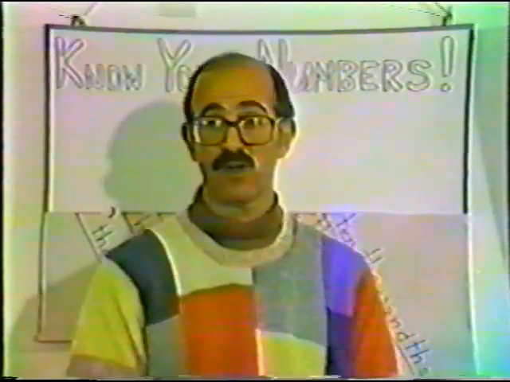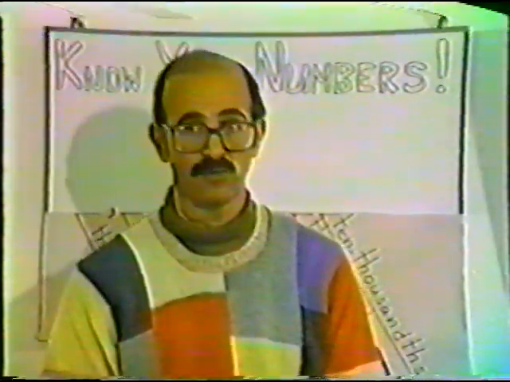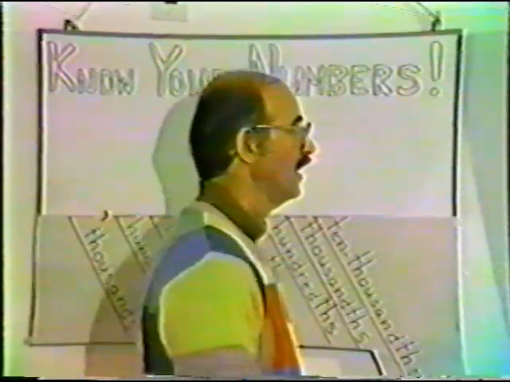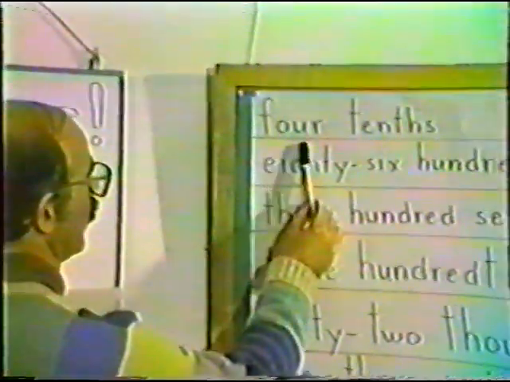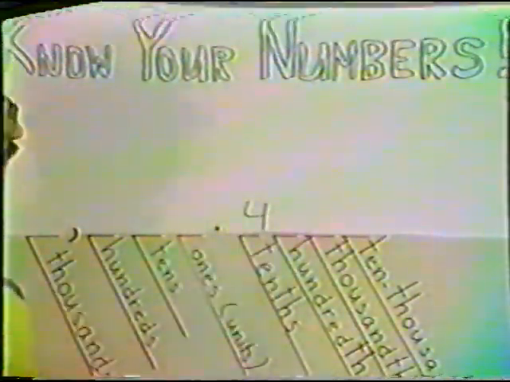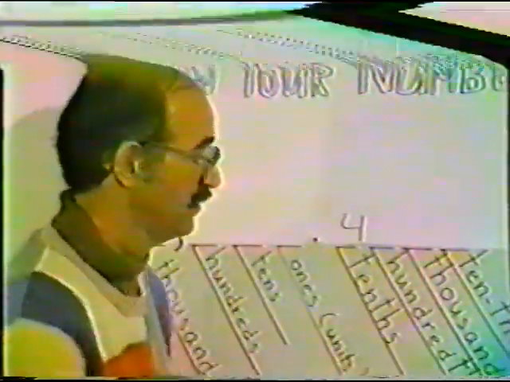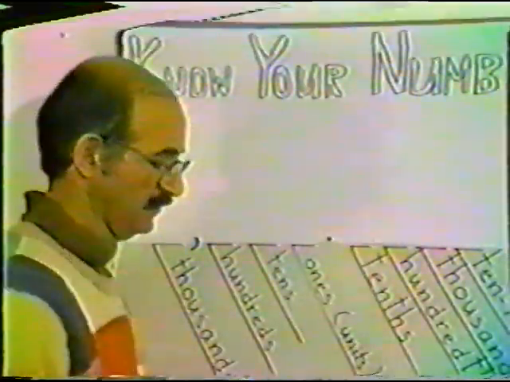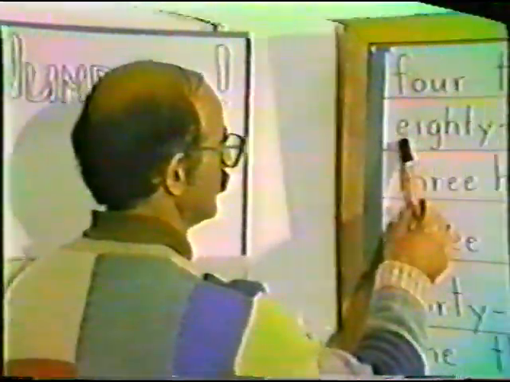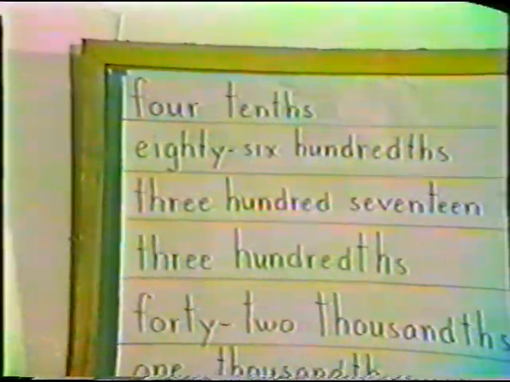Now we're going to start with the number written out in words, and we'll see if we can write the numeral. So here's the first one. 4 tenths. We'll just put a 4 in the tenths place, and that will give us 4 tenths. 86 hundredths.